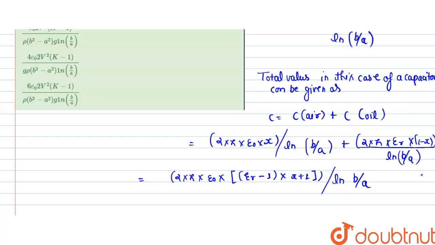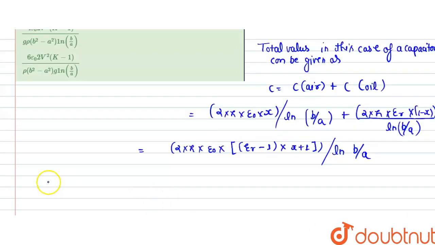So when the surface of the oil increases by the value dx, the capacitance changes to dC.